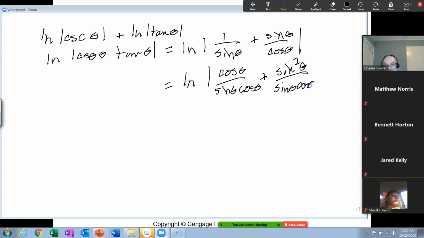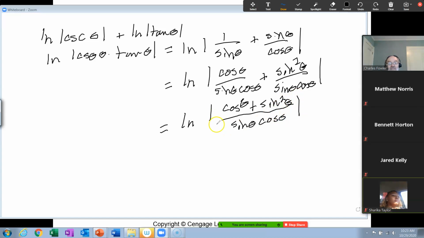Now this doesn't seem to be going anywhere. So let's see what we can do. This will be the log of absolute value. This is cosine theta plus sine squared theta. Okay, again, that doesn't seem very helpful, over sine theta cosine theta. Maybe I'm heading the wrong direction here, but let's see what happens.